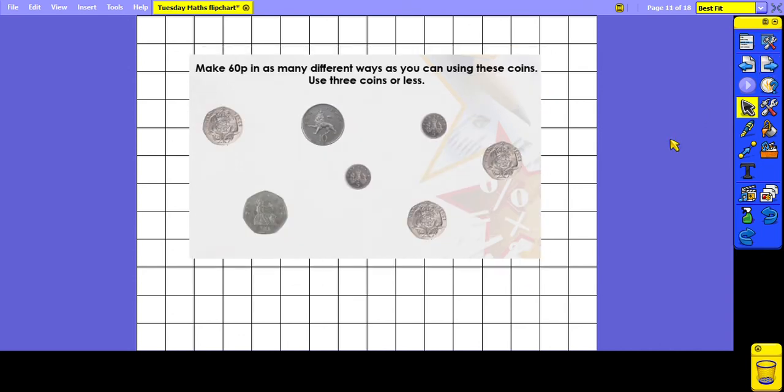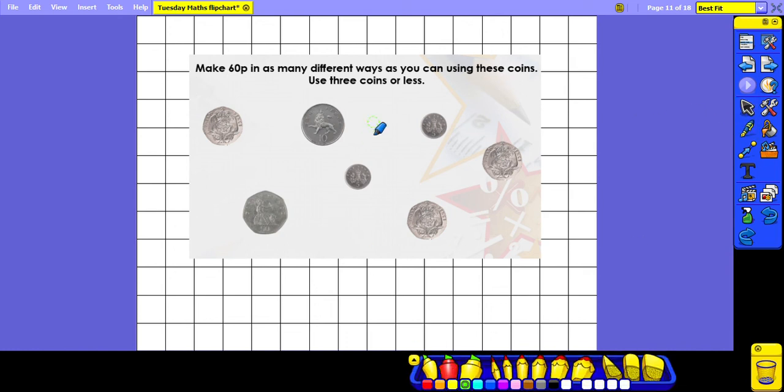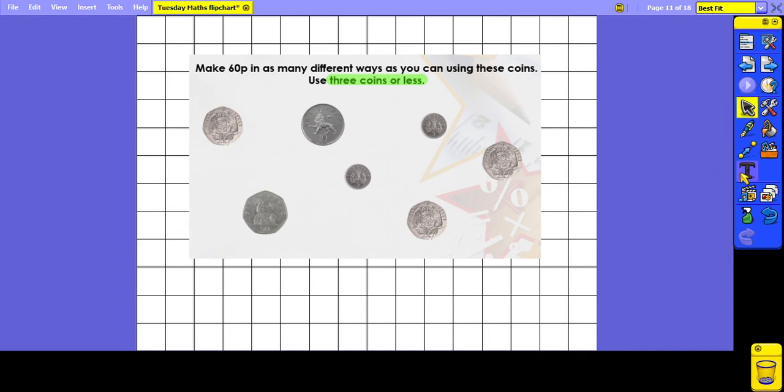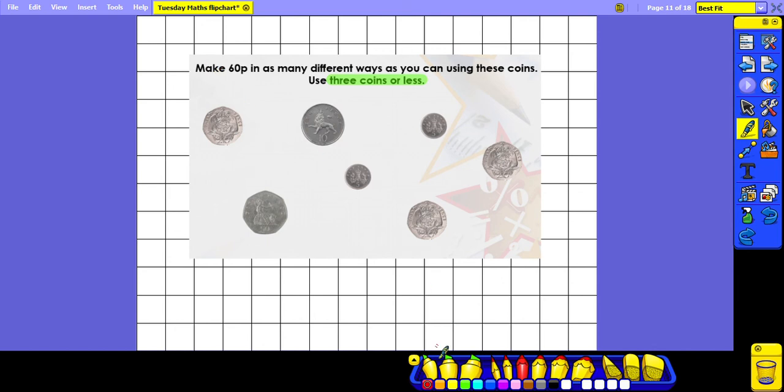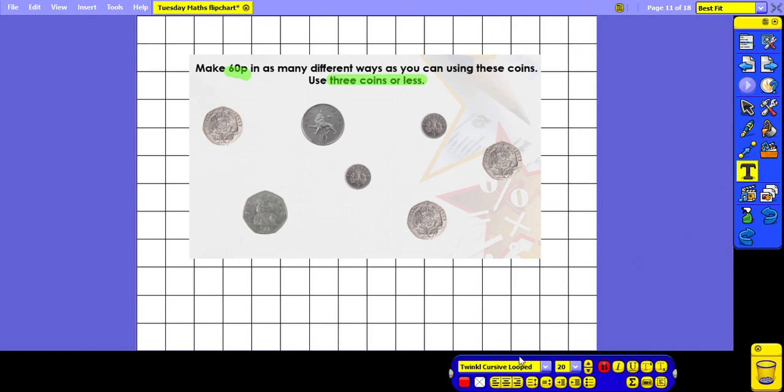And then for this question, it says make 60 pence in as many different ways as you can using these coins. Use 3 coins or less. So we need to make 60 pence. So there's quite a few different answers for this one, but we'll just do a few together. So we could do 20, add 20, add 20.